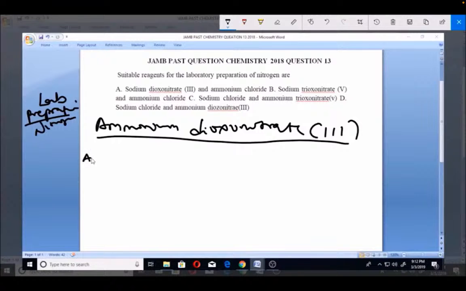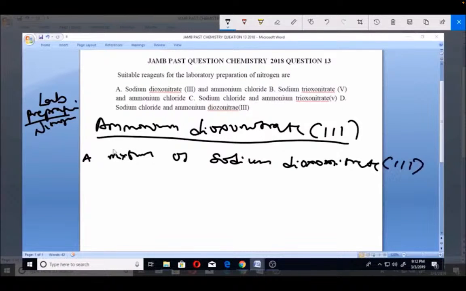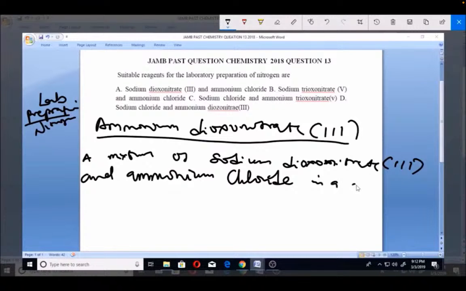This actually happens by using a mixture of sodium dioxynitrate 3 and ammonium chloride. And this mixture is done in the ratio of 7 is to 5.